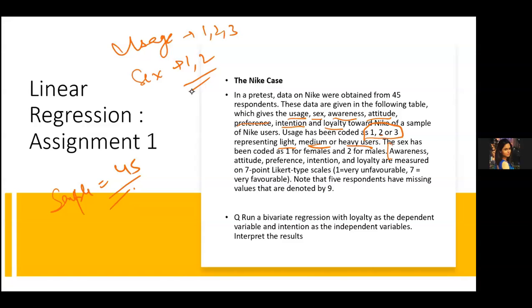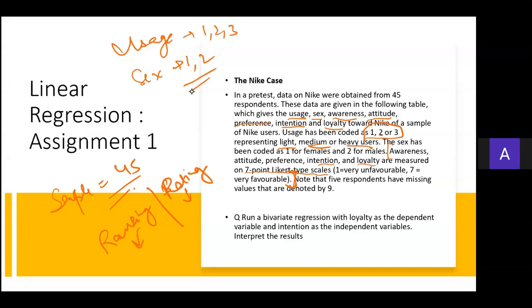Awareness, attitude, preference, intention, and loyalty are measured on a 7-point Likert type scale. What data is this? Likert data is nominal, ordinal, interval, or ratio? Ordinal. Okay, rating and ranking scale. Remember this? What kind of data is a ranking scale, and a rating scale?